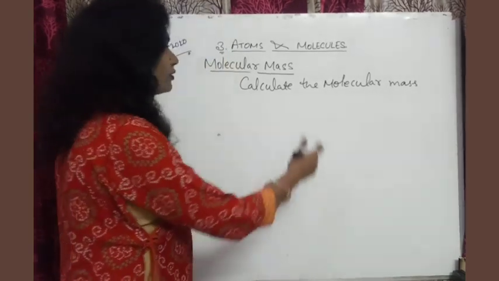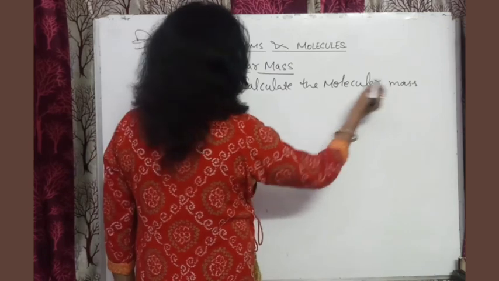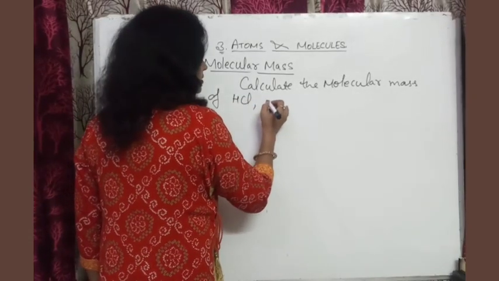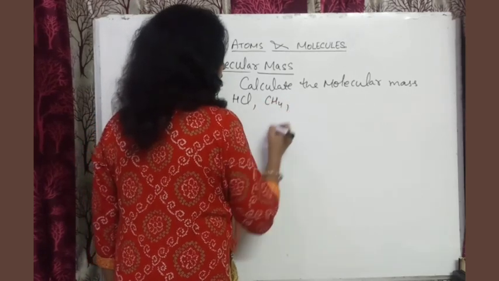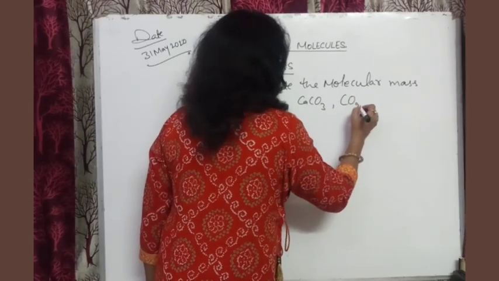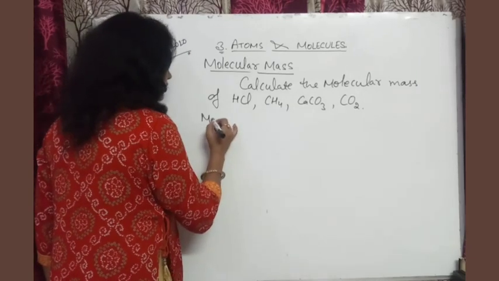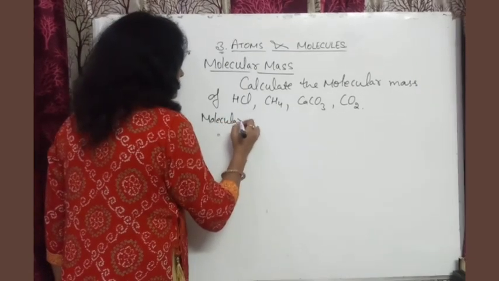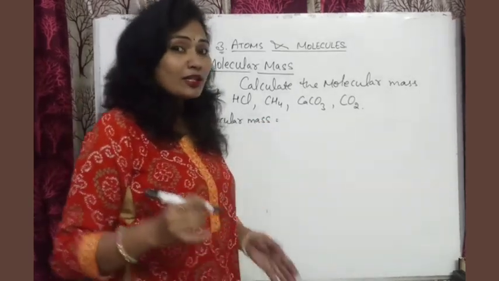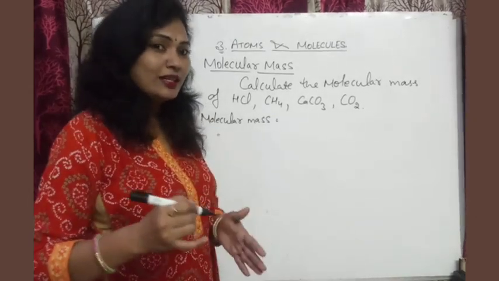So now we can calculate the molecular mass of HCl, then CH4 methane, CaCO3, CO2, etc. I have already told you molecular mass is equal to the sum of all the atomic masses of the atoms which are present in a molecule.